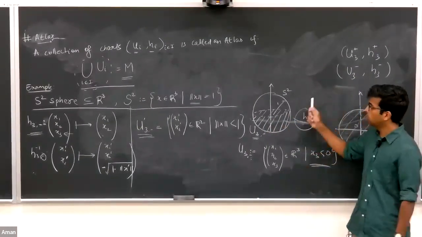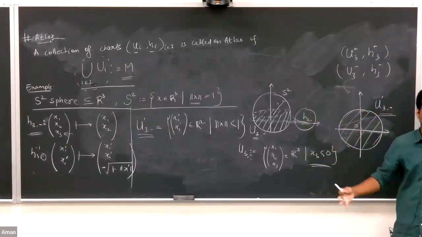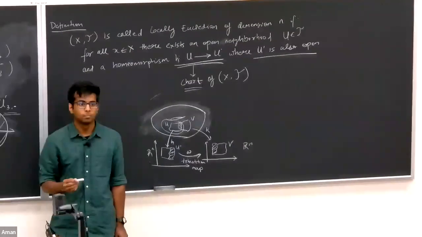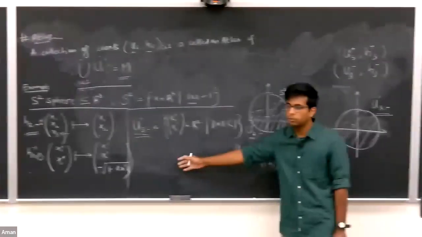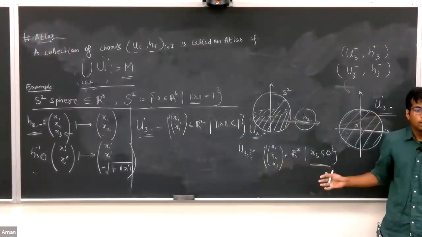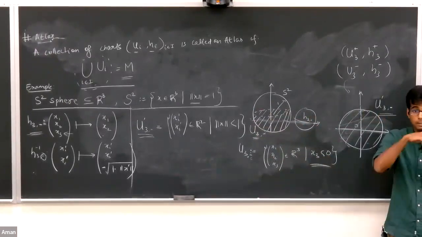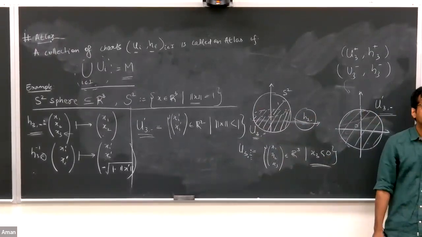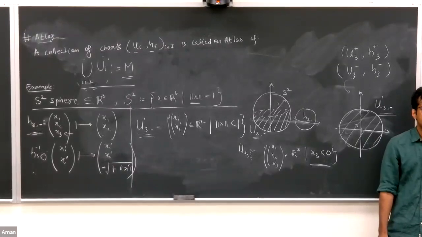But what do we need to do to generalize this and add more charts to make it an atlas? Can we just make it closed and then include the equator? By definition, all of these maps are supposed to map from an open interval to an open interval. So you can't really make one of these closed to include the equator. Any other ideas? You can take a small neighborhood, like a circle along the equator, on two sides of the equator, and cover the entire sphere.